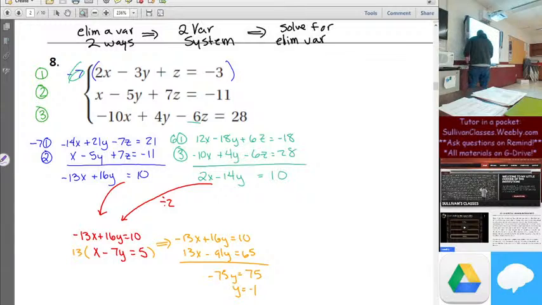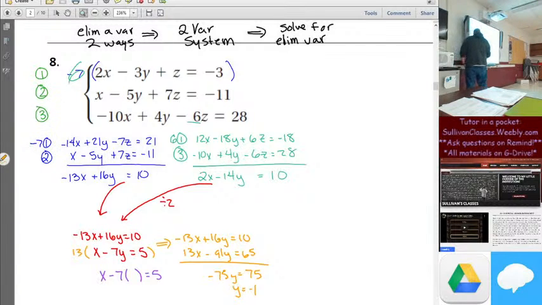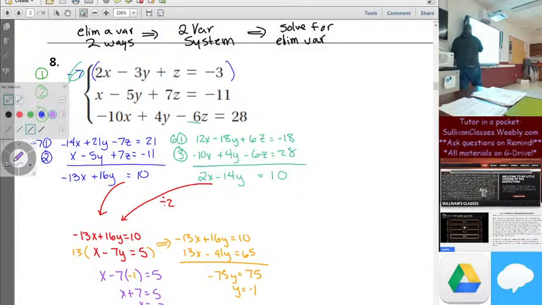If I now know what y is, I can plug it in. If I now know what x and y are, I'm going to come all the way back to the beginning.